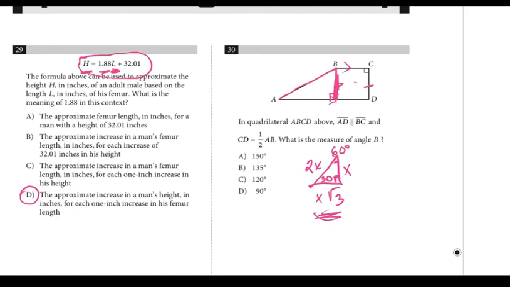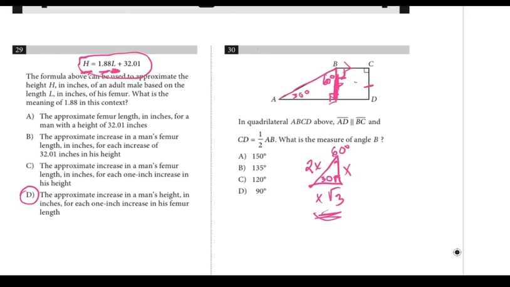So in this question, they're asking for the measure of angle B. It's this whole angle plus this angle. So we know this angle right here has to be the 60 degree angle in the special right triangle, because this is the 30 degree angle, right?